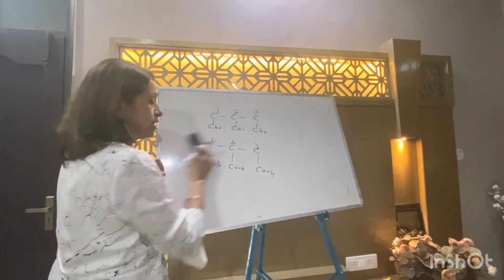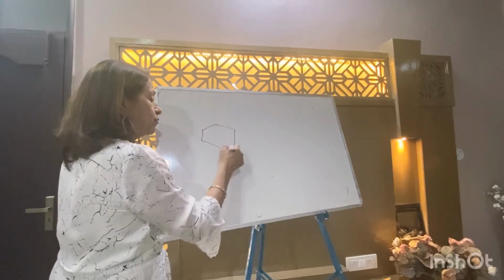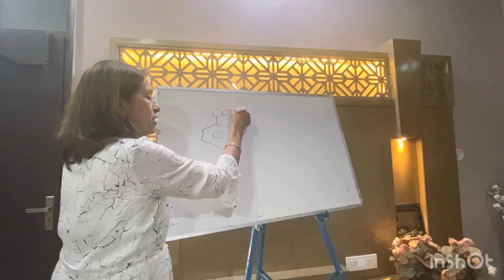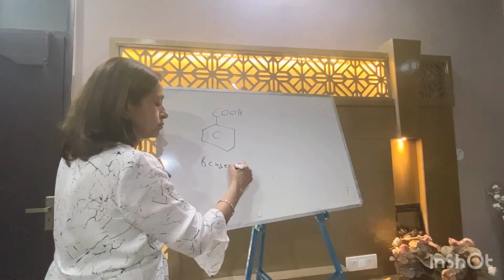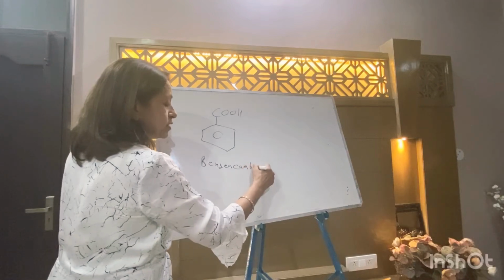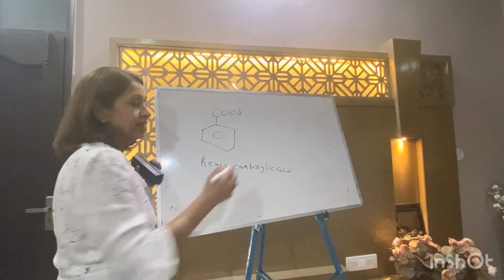Okay. Now the same with the benzene ring. If on the benzene ring there is an acid or aldehyde present, it's called benzene carboxylic acid.